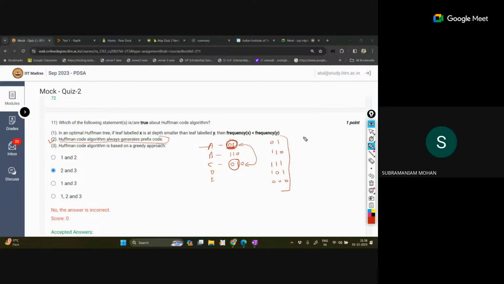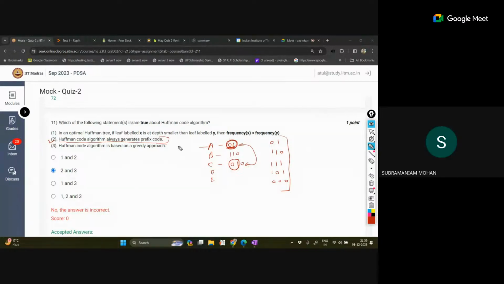How does the statement fit in? It doesn't fit, no? You can say it is creating some confusion, but if we are talking about prefix codes, it means that a code cannot come as the prefix of any other code. This is the definition of prefix codes. The meaning is that it is generating a unique prefix code.